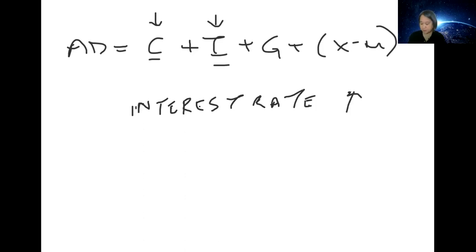And I'm going to tell you ahead of time, before I work out how that works, that net exports will also fall. So now you know that anytime the Bank of Canada changes interest rate, it is going to have an impact on consumer spending, business spending, and net exports.